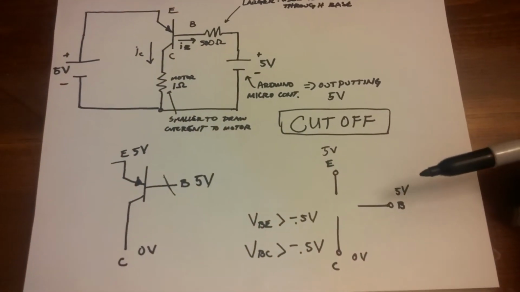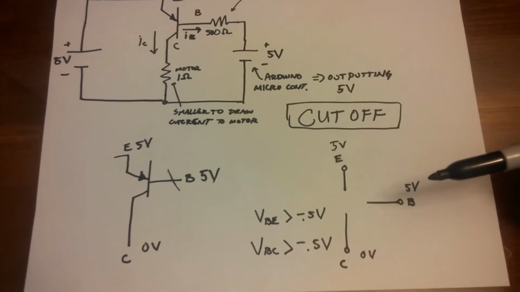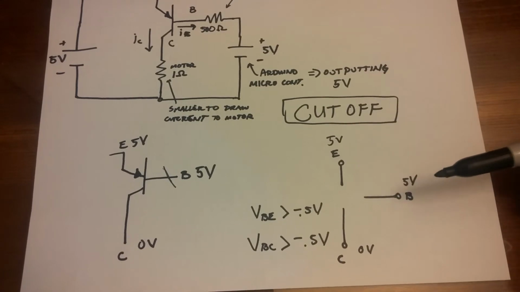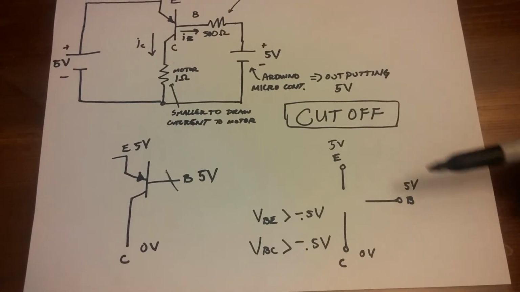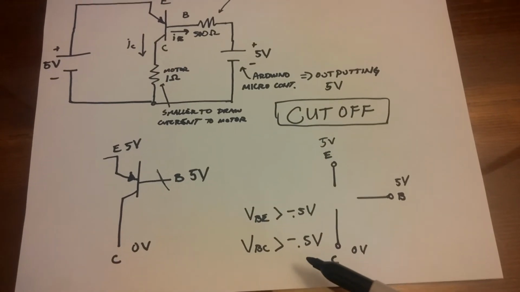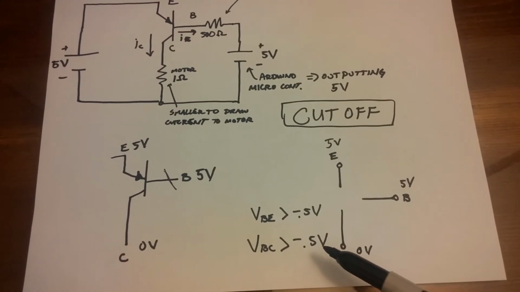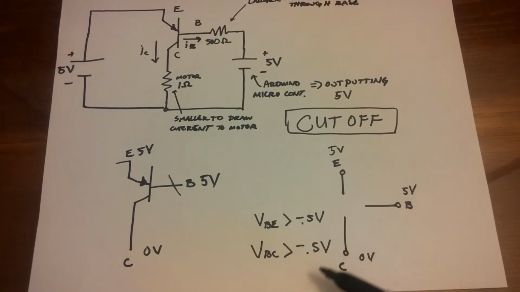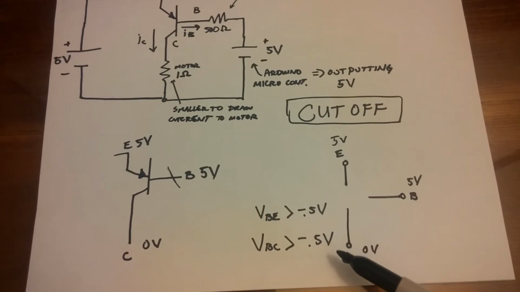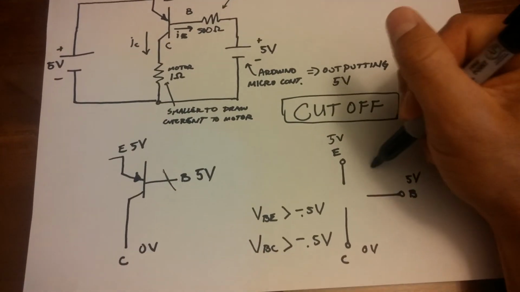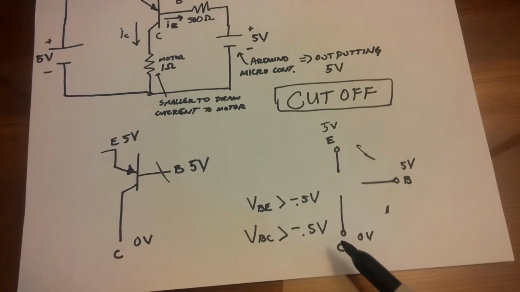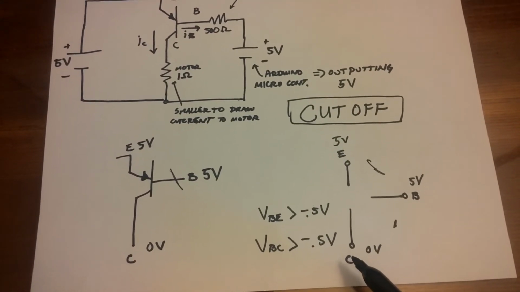I proceeded to do the large signal analysis using the given diagram and relabel them again. And the two conditions that are required to be in cutoff are that the potential between this leg and then this leg has to be greater than negative half a volt.